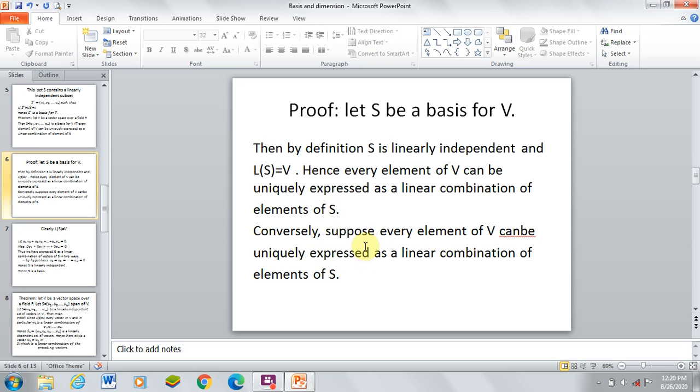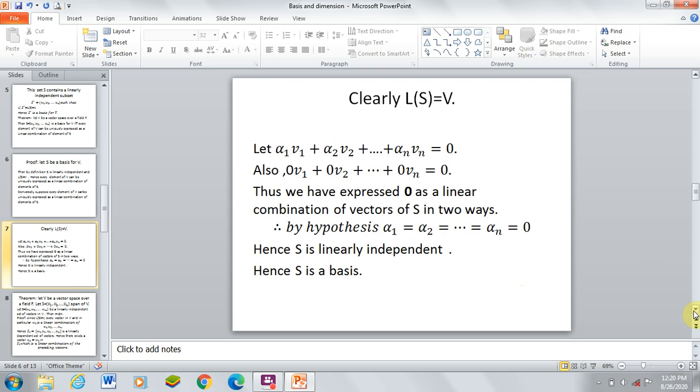Conversely, suppose every element of V can be uniquely expressed as a linear combination of the elements of S. We have to show that S is a basis. Clearly, L of S equals V. Next, we take alpha 1 v1 plus alpha 2 v2 plus alpha n vn equal to 0.